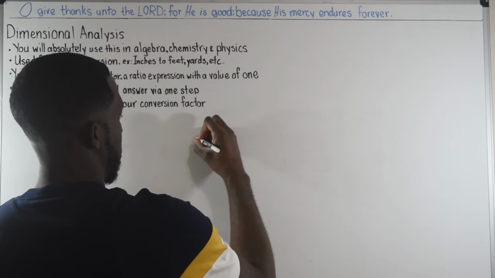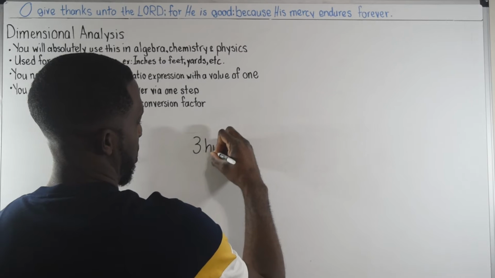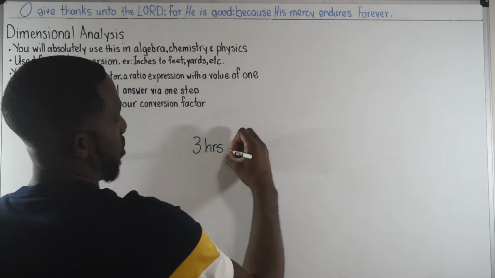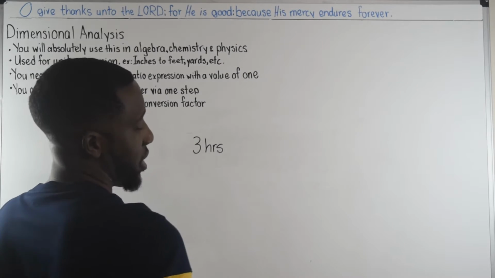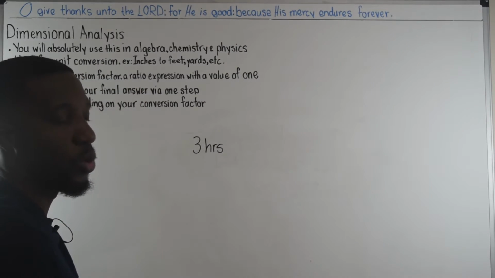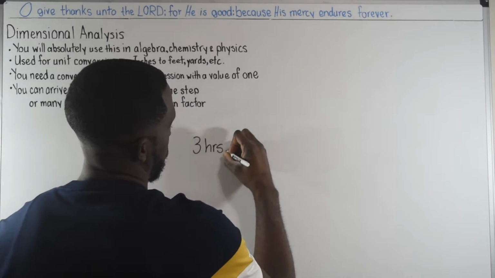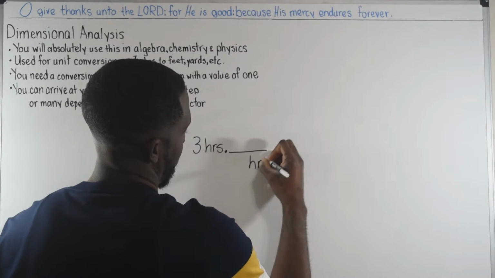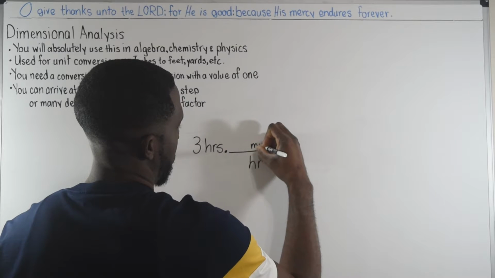I'm gonna say 3 hours. 3 is my favorite number, by the way, so I always use 3 in my examples. So I have 3 hours to seconds. How many seconds are in 3 hours? So I set up my conversion factor, and I have hours, and I have minutes.